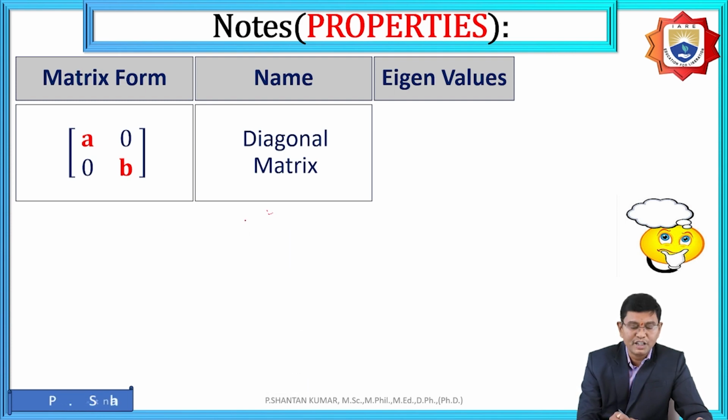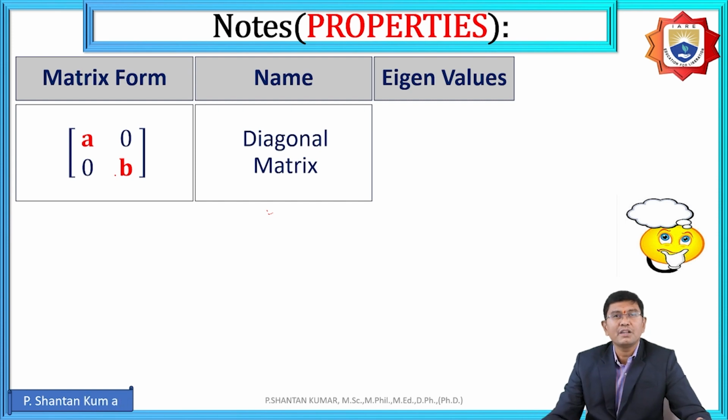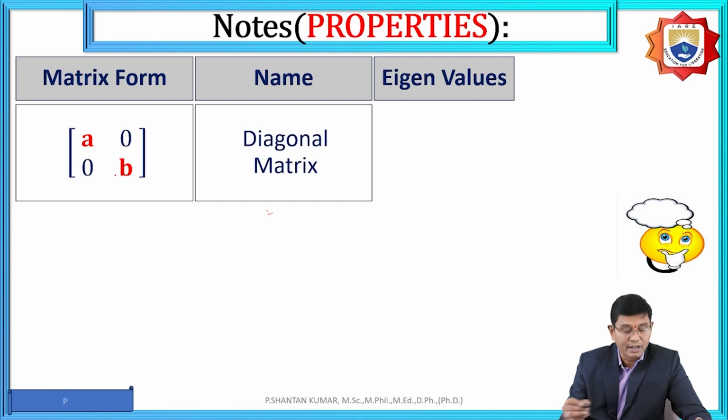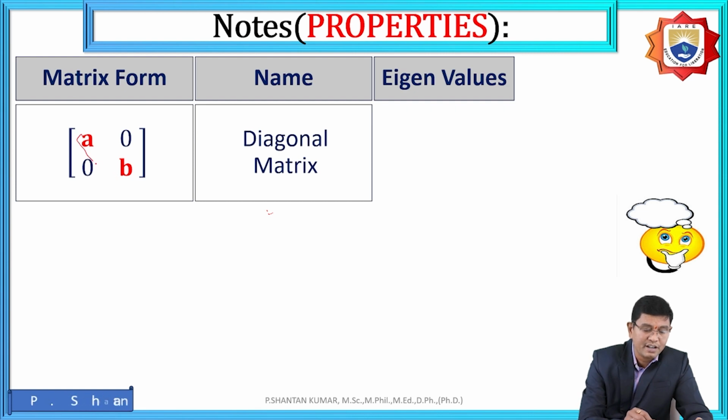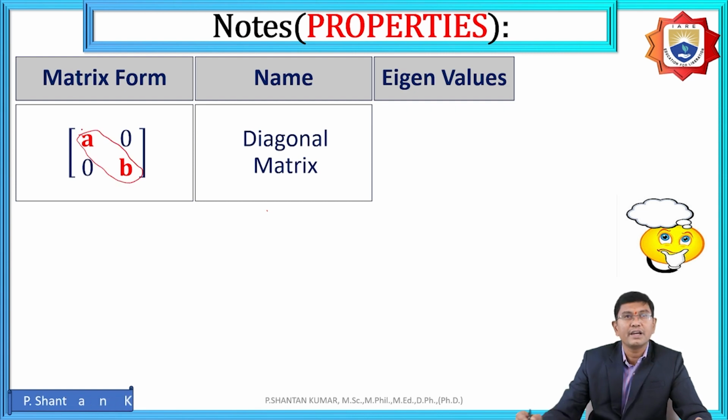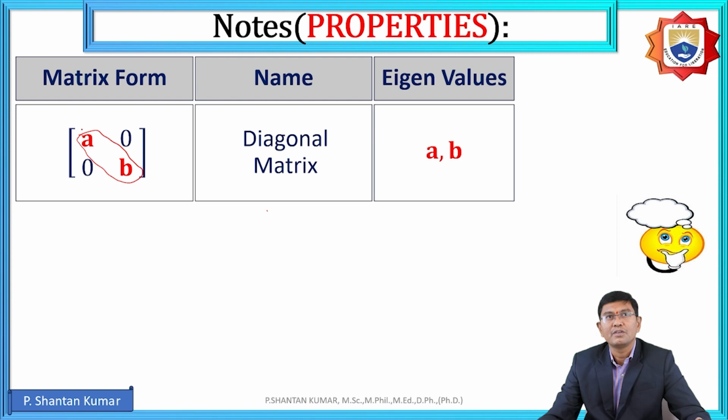The eigenvalues of a diagonal matrix are the diagonal elements. Here the diagonal elements are a and b.